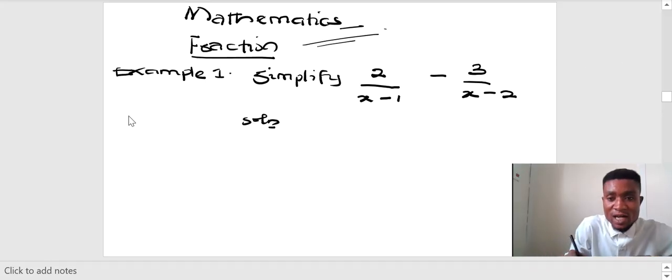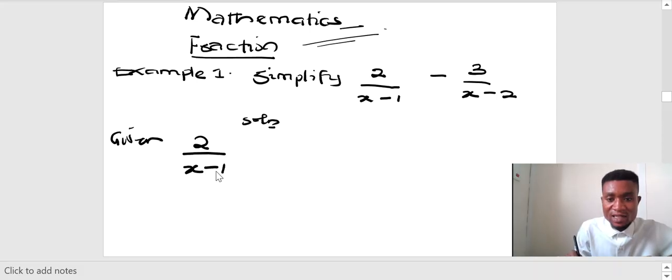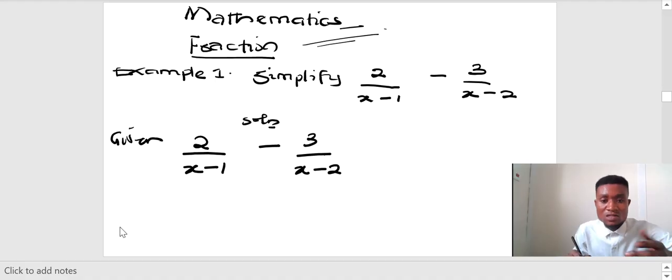So we have this before us. Let's start with 2 divided by x minus 1 minus 3 divided by x minus 2. So this is what we have, and we really want to work on it now.